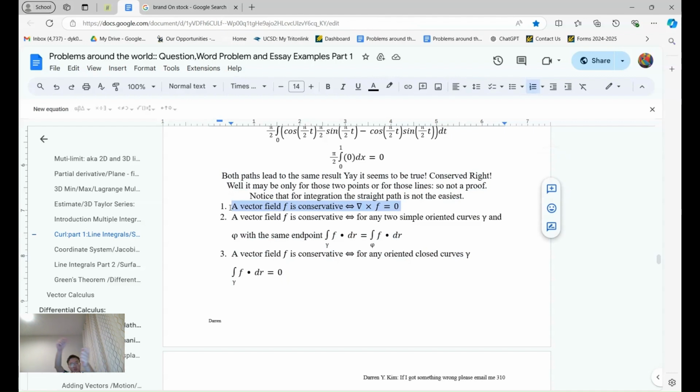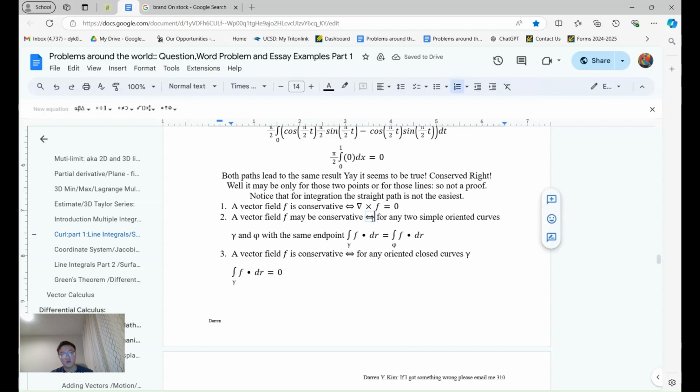The field may be conservative if and only if, because you have to say, if this is wrong, then it can't be true.